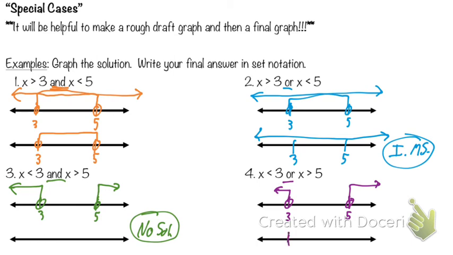And so we actually just end up keeping the same exact thing. We don't need to make any adjustments from our rough draft to our final one. And we're just going to have our same set notation of x such that x is less than 3 or x is greater than 5. We're saying, yeah, what was there is okay with us.